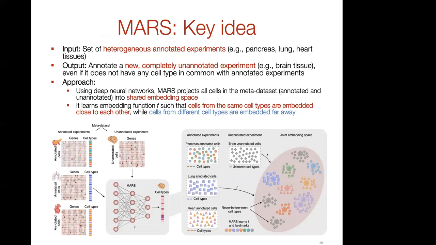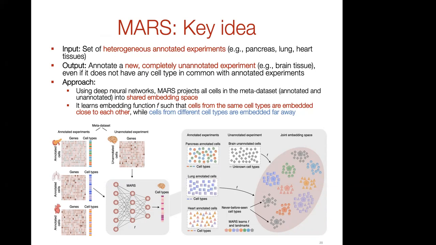MARS takes as input a set of heterogeneous annotated experiments. Heterogeneity here comes primarily in the form of having single cell experiments from different tissues. And it assumes that we have some number of those heterogeneous experiments that are annotated with their cell types.